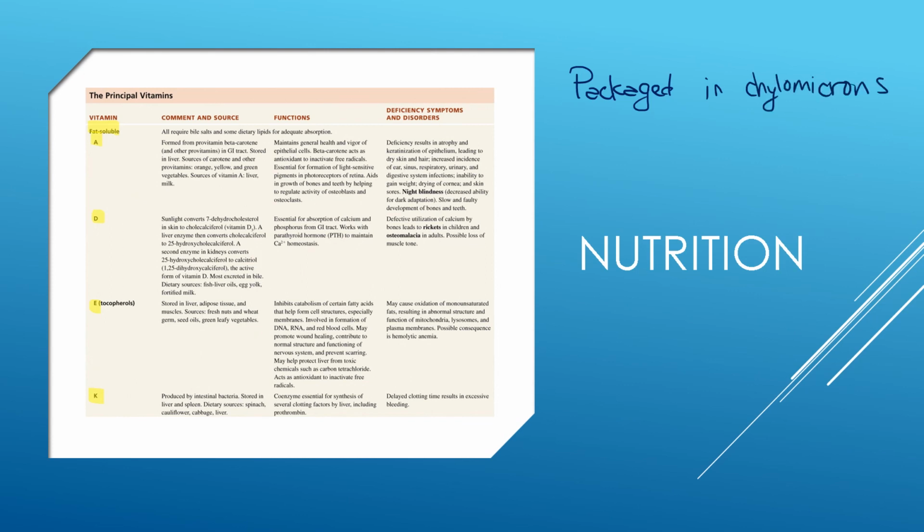So those are those fat-soluble vitamins packaged in chylomicrons. They cannot be absorbed in adequate quantity unless they are ingested with other lipids. Fat-soluble vitamins may be stored in cells, particularly in hepatocytes.